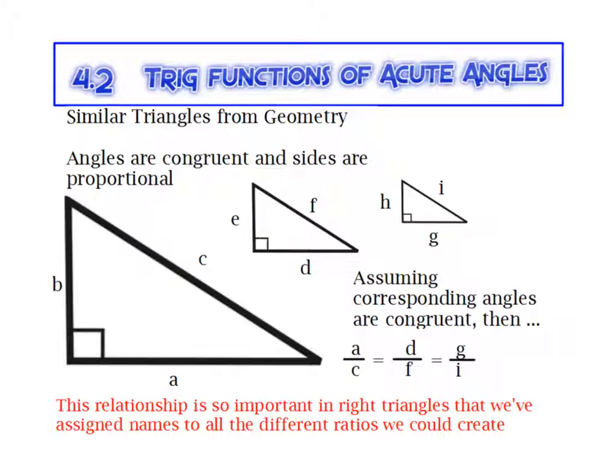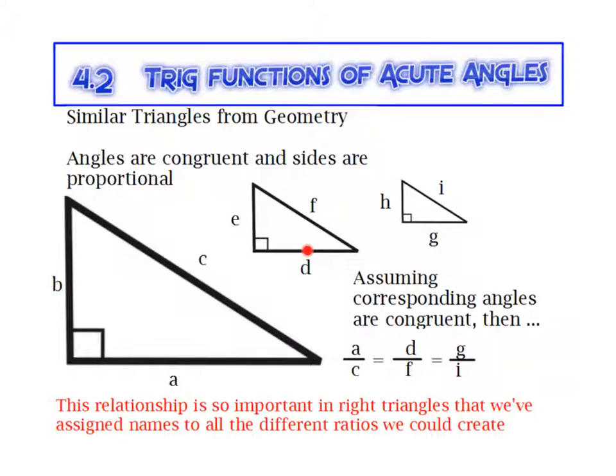And not only are those angles congruent, the sides are all proportional. All right, so that's from geometry. That's what it means to have similar triangles. Now, if these were similar, then the corresponding angles are going to be congruent, but also this would have to hold true. The ratio of this side right here to this hypotenuse, that ratio in similar triangles would always be the same.